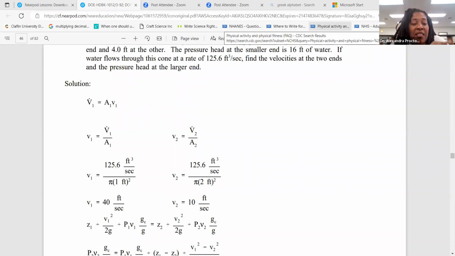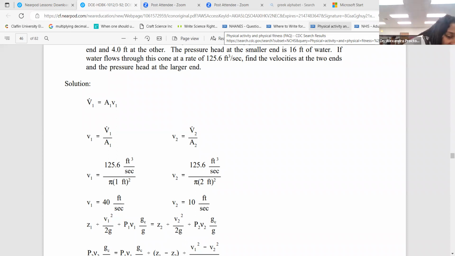The velocity at the first end is 125.6 cubic feet per second divided by pi, which is 3.14, times 1 foot squared. And that velocity is 40 feet per second. The velocity at the second end is 125.6 cubic feet per second divided by pi times 2 squared. And so v2 is 10 feet per second.